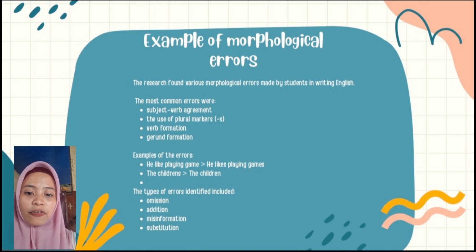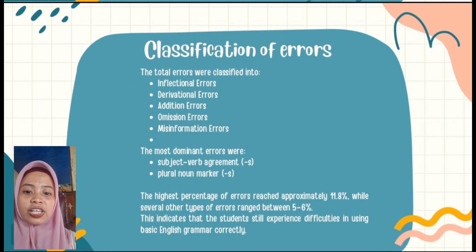Some examples of the errors are: he likes playing game instead of he likes playing games, the children instead of the children's. The types of errors identified included omission, addition, misinformation, substitution.